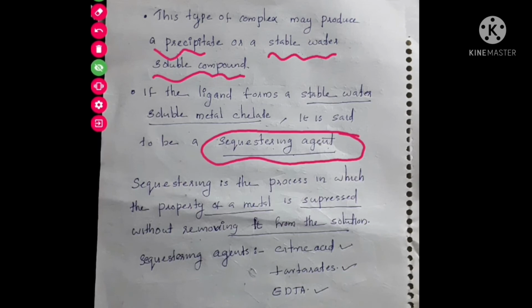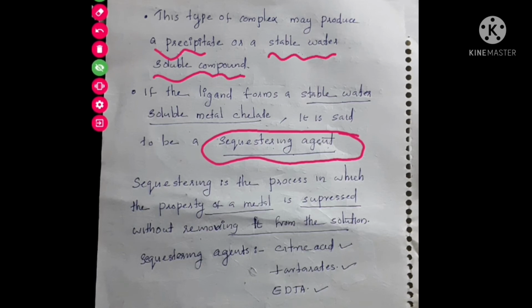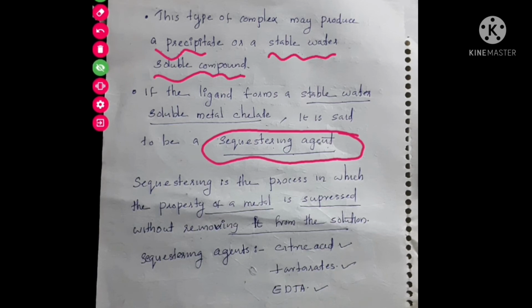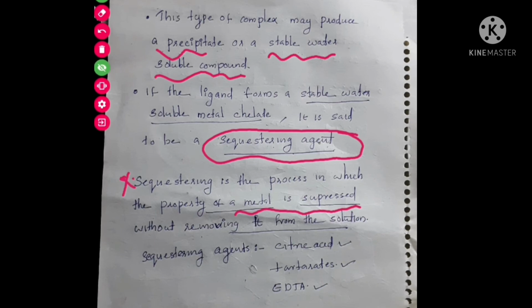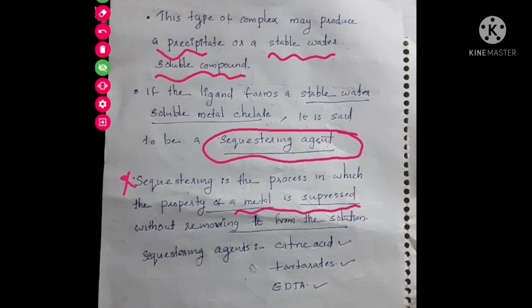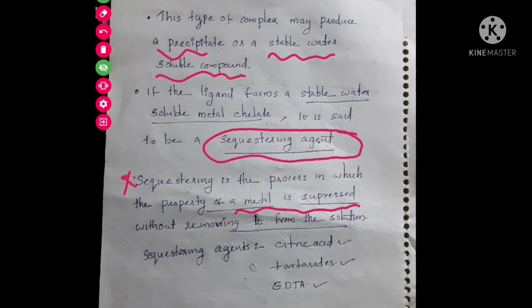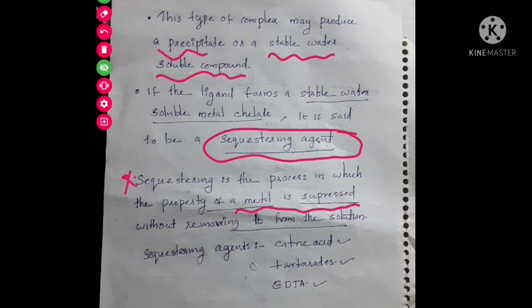So, what is a sequestering agent? Sequestering is the process in which the property of the central metal ion is suppressed without removing it from the solution.